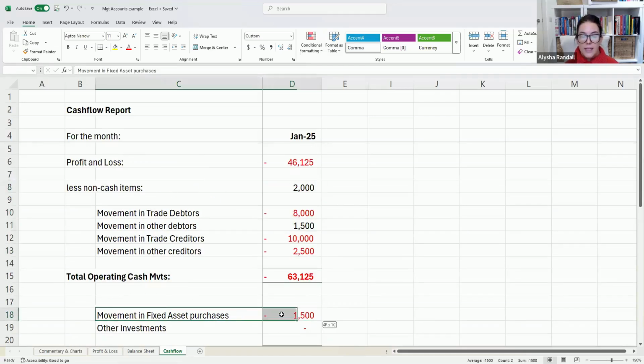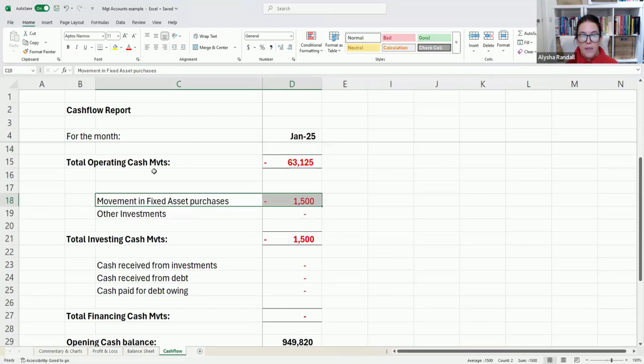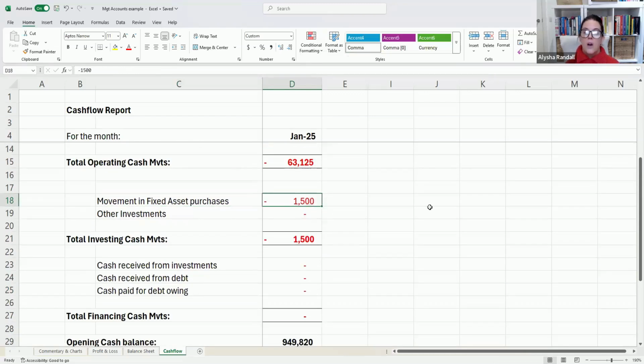This one, in the investing section, is saying there's a negative 1,500 in there. That means I purchased an asset. Generally, I would say a computer. If you buy a computer, remember how I said that doesn't go to the P&L, just 1/36th of it goes to the P&L. That is because it goes into your balance sheet in the assets.